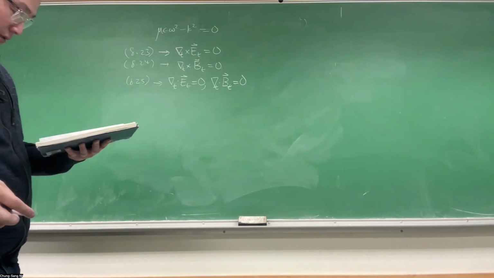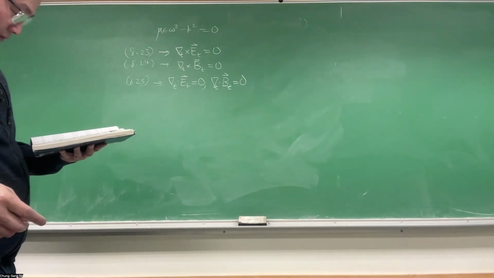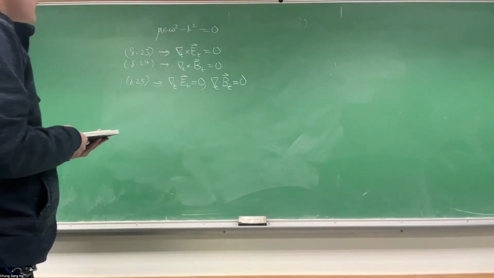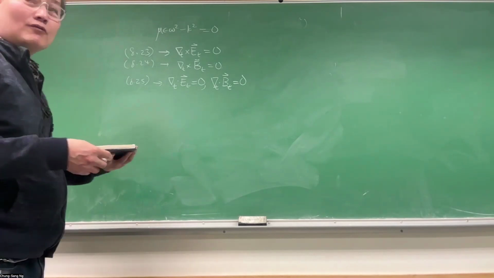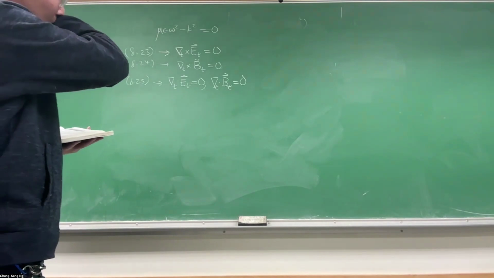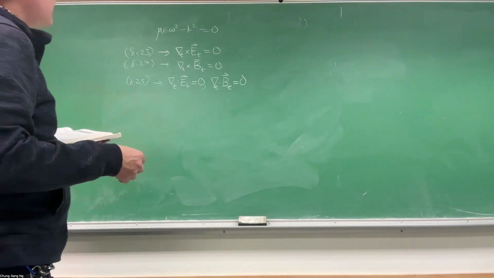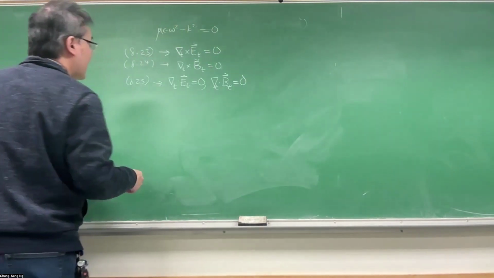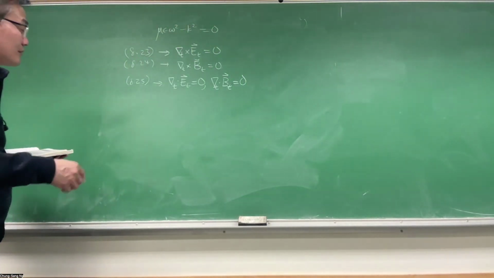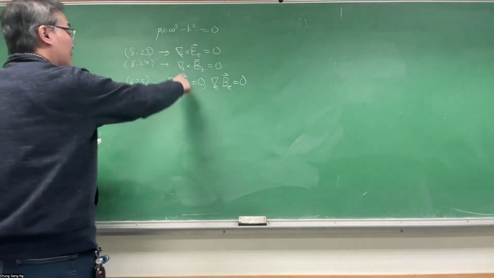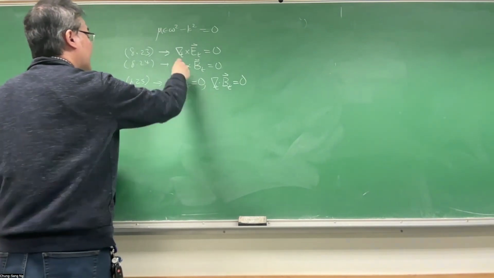Okay, so that is kind of straightforward. And we actually have seen that in one homework problem. You remember, we actually showed that the transverse electric field and magnetic field satisfy the electrostatic equations.